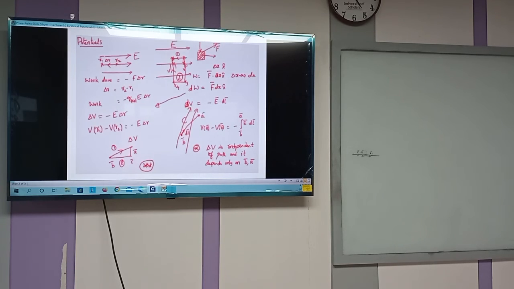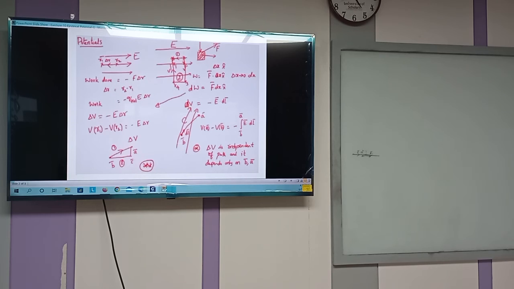Even if you take different paths, it will only be dependent on the initial point and the final point of the path, okay.